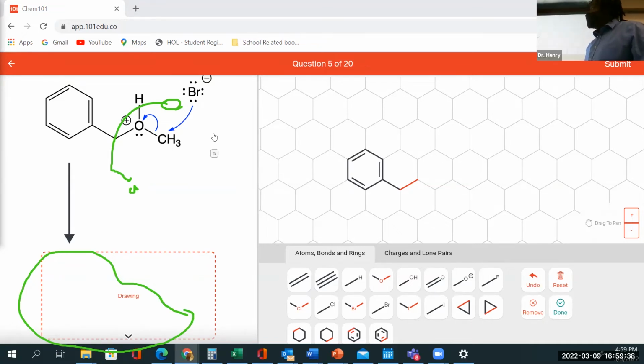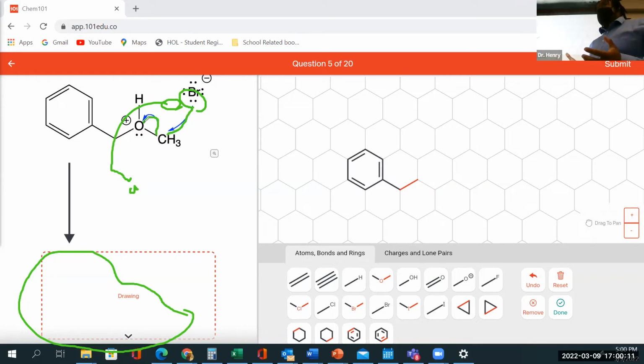Okay, so we have these electrons being donated. And then this guy is going to do what? Donate those electrons, which causes this guy to what? Give the electrons to oxygen.